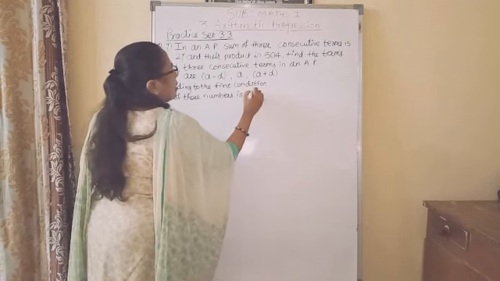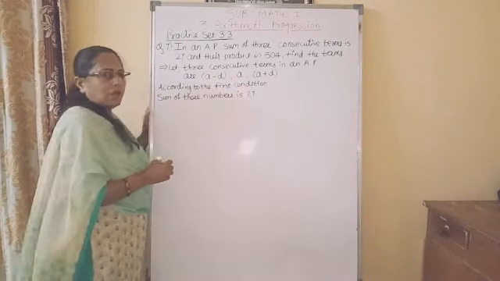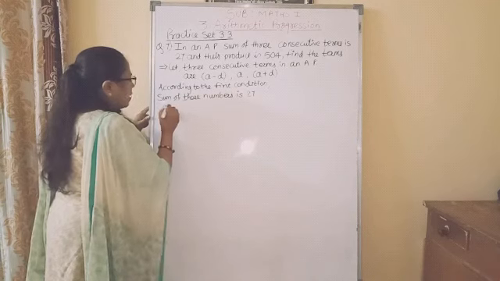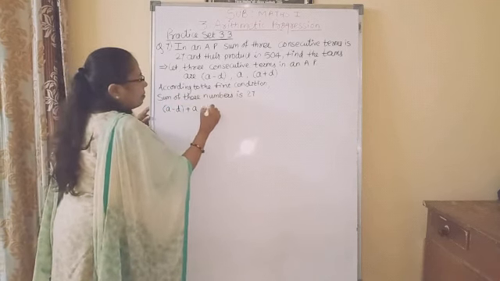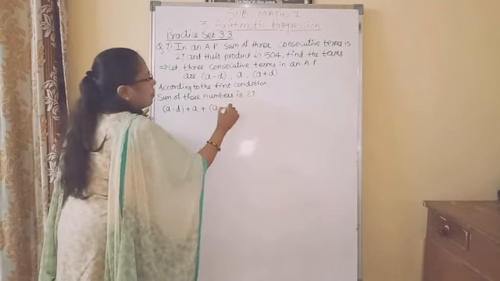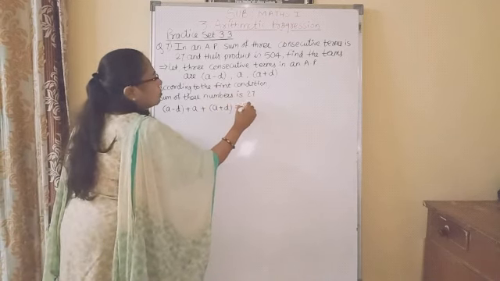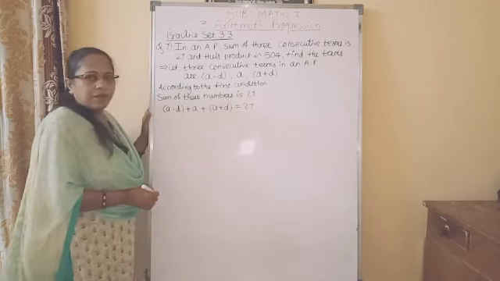That means A minus D plus A plus A plus D is equal to 27.